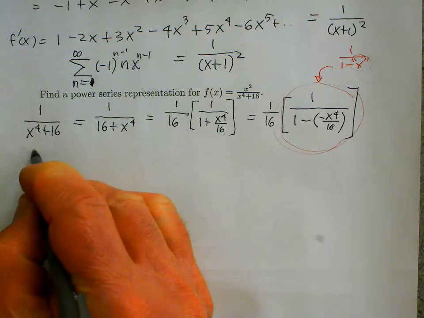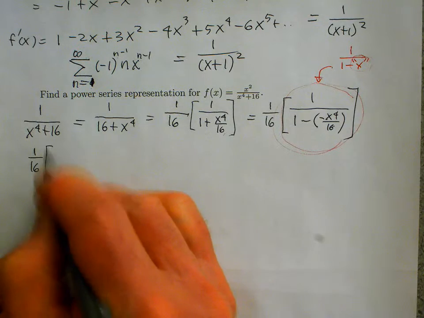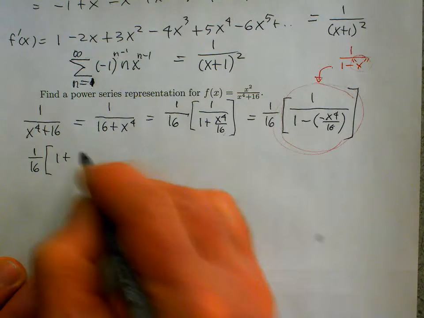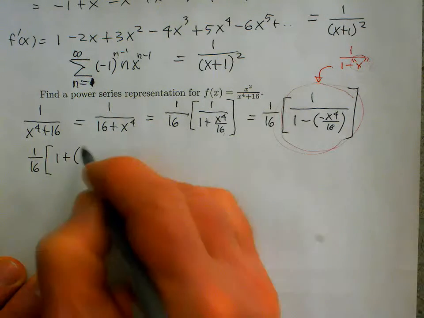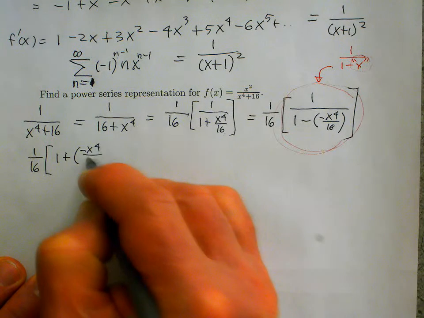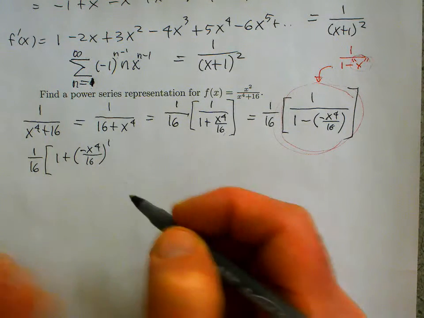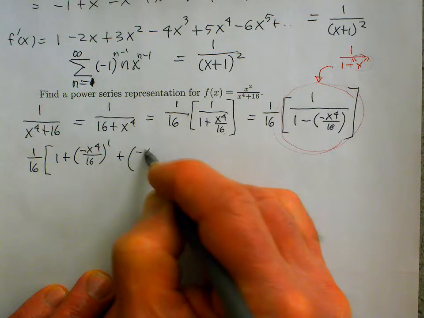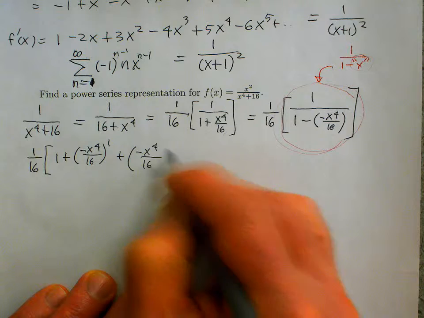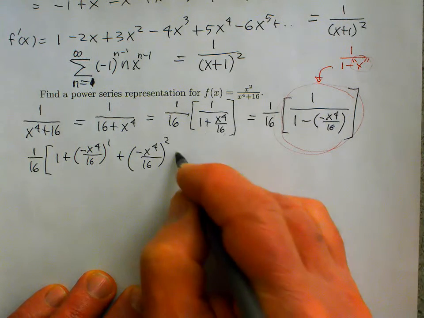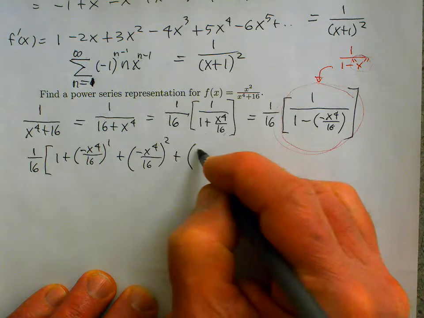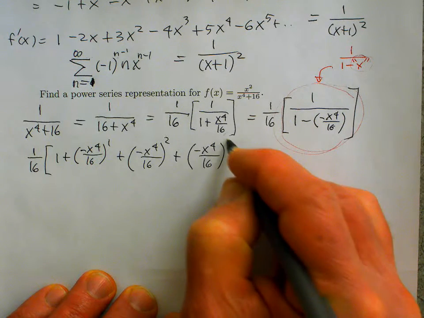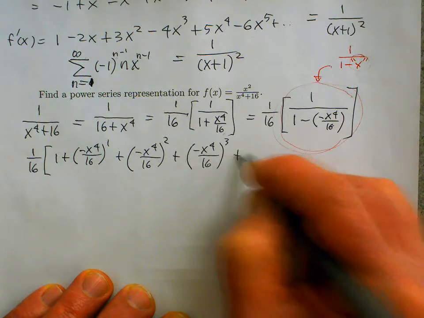Okay, so we have 1/16 times 1 plus this term, negative x to the 4th over 16 to the 1st, plus negative x to the 4th over 16 to the 2nd, and so on. I'll write a couple more. That's probably good enough.